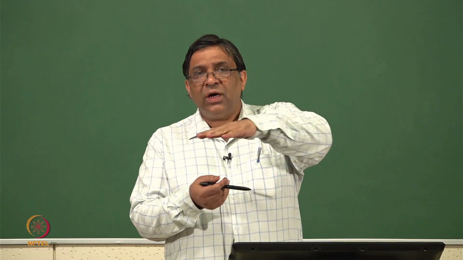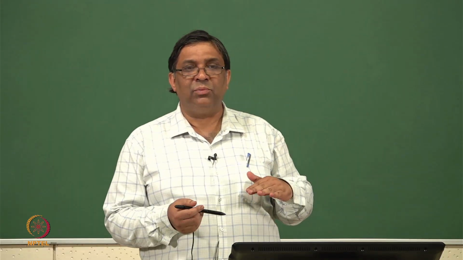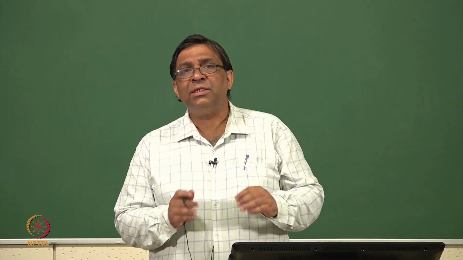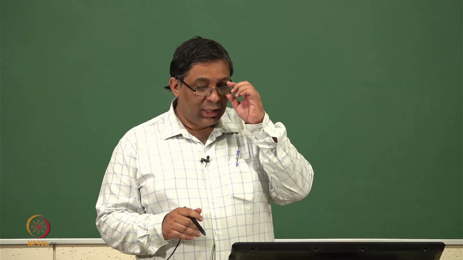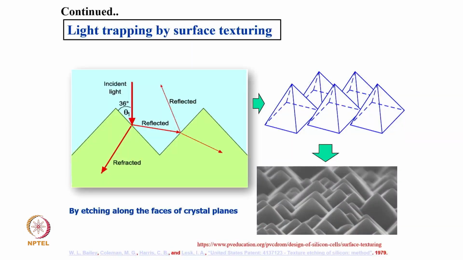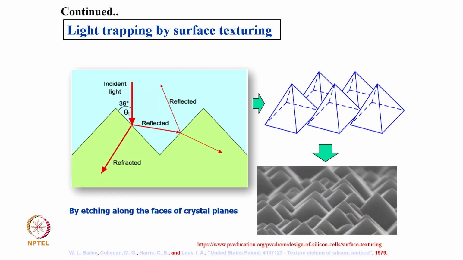I'm not going to discuss the chemical etching process with you, but you may know this is a very fundamental process. One can chemically etch towards a particular direction or particular phase, and one can make a pyramid kind of structure. Here you can see the pyramid kind of structure on the surface. That is what you can make, and people have done it. And you can see a real image of this pyramid kind of structure here.